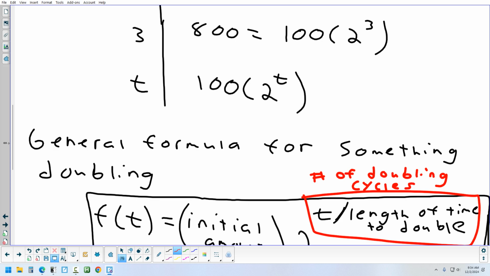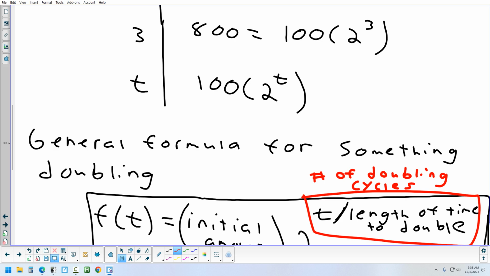But let's say I had something that doubled every 5 hours. If something's doubling every 5 hours, and 5 hours have gone by, how many times has it doubled? Once. Just once. Okay? If 15 hours have gone by, how many times has it doubled? 3 times. Right? So this, what's in that red box, has to be the number of times it's doubled.